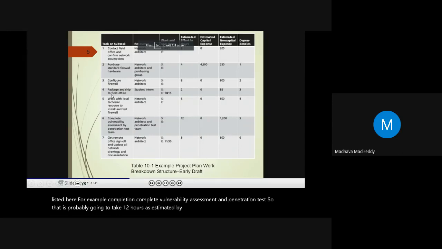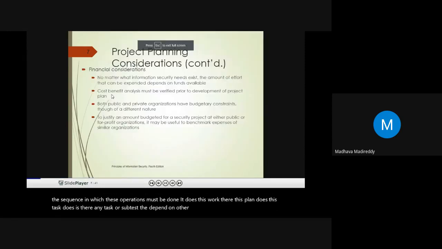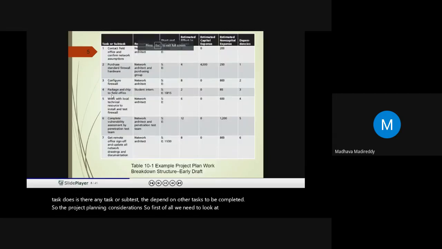So basically what we are doing is creating this project plan example that identifies what all needs to be done and the sequence in which these operations must be done. Is there any task or subtask that depends on other tasks to be completed? Now, the project planning considerations: first of all, we need to look at the financial considerations.